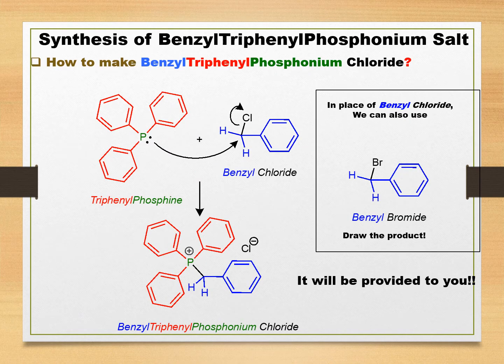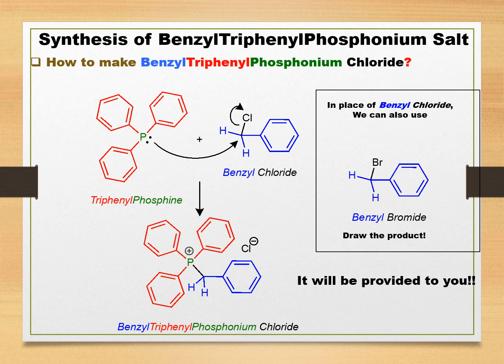So the synthesis starts from synthesizing the important reagent for this experiment, and we can synthesize that from triphenyl phosphine and benzyl chloride. So triphenyl phosphine acts as a nucleophile.